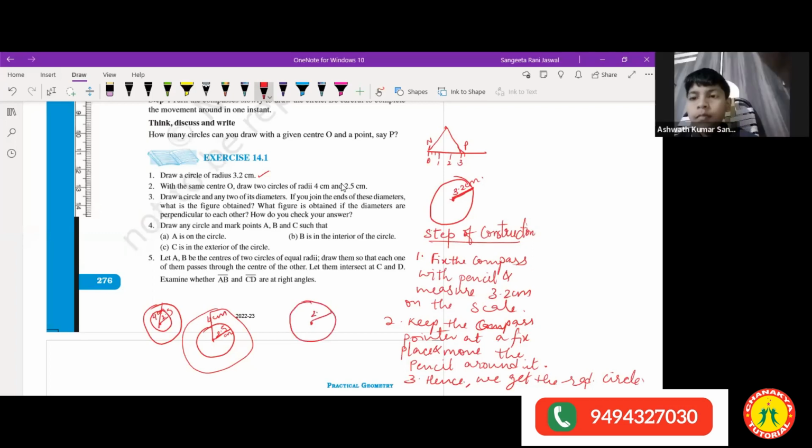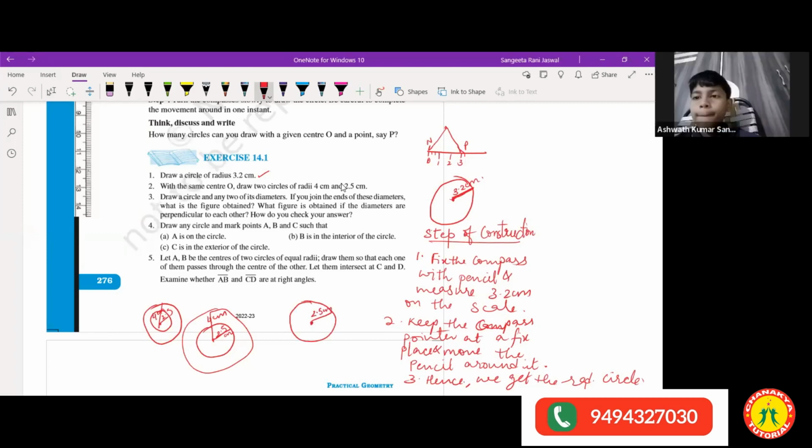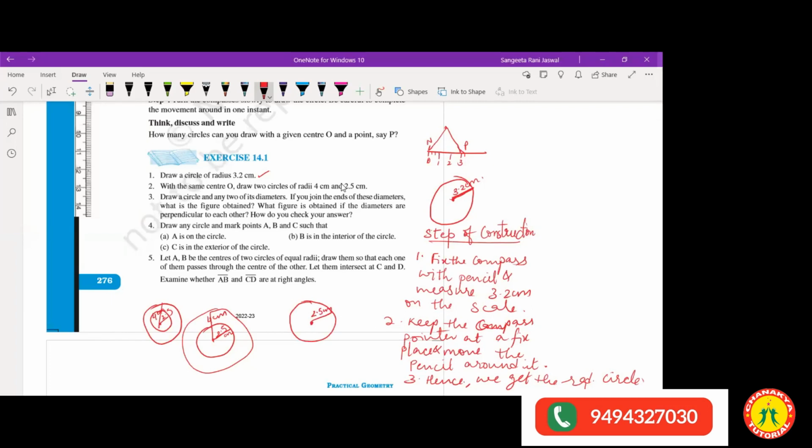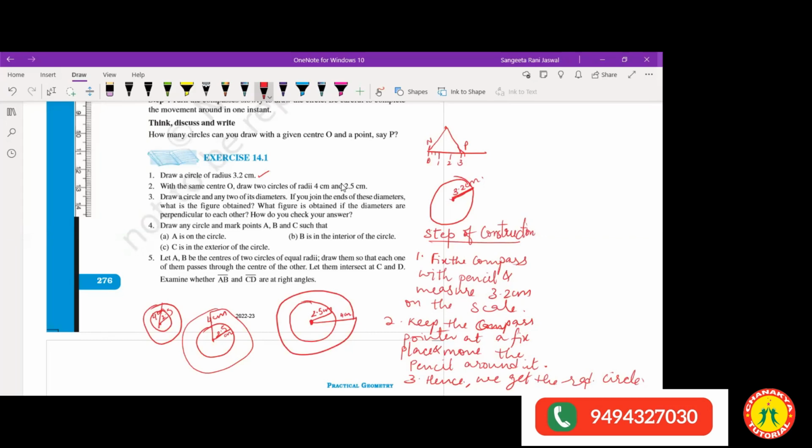Then with the same center and radius 4 centimeters, make another circle. The center should be the same. Understood, Ashwath? Yes, ma'am. Okay, do this. And please, everyone now write the steps of construction.